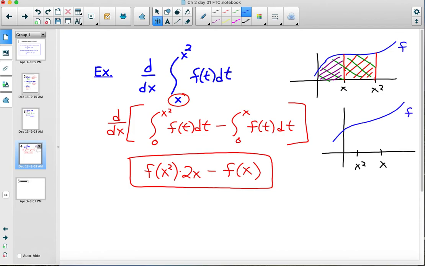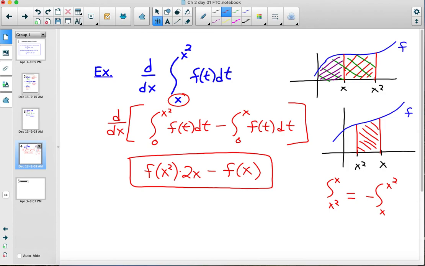If I want the integral from x to x squared, because x is bigger, remember that it's not going to be a positive amount. Going from x squared to x would be a positive amount. But we're going from x to x squared, so that's going to be the opposite of x squared to x. So it's going to be a negative amount there.